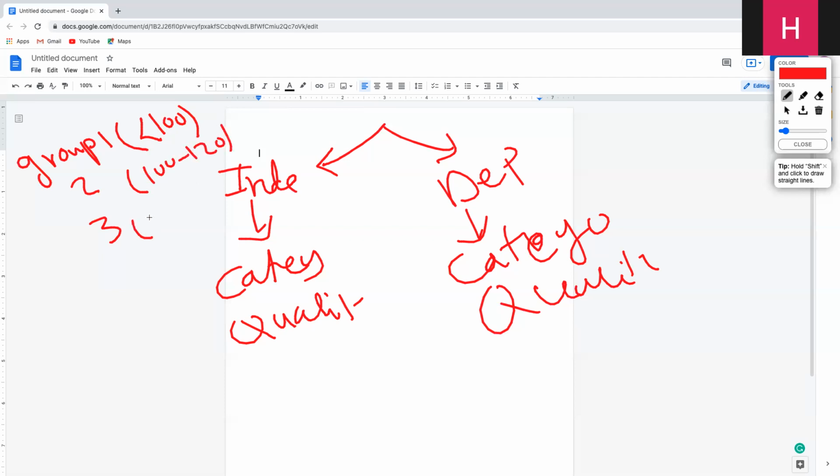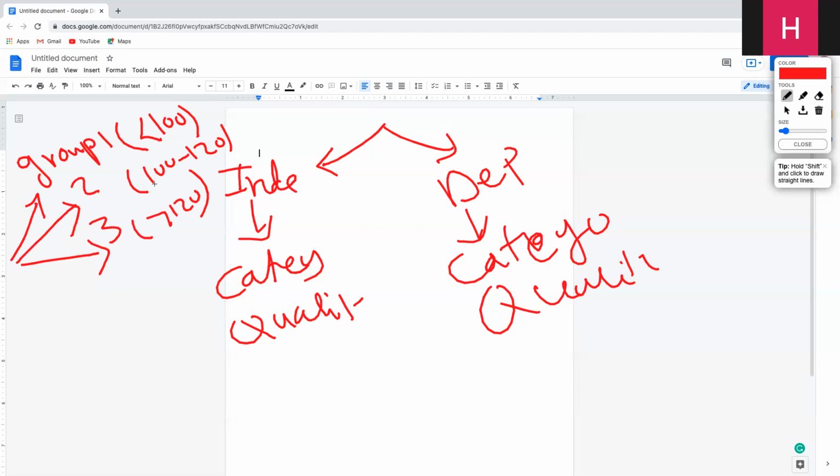Group 3 is more than 120. So this is 3 categories. Although LDL is a number, we can't consider it quantitative. We consider it qualitative data because I put these numbers into categories. I categorized it into group 1, 2, 3, or into mild, moderate, severe, whatever it is.